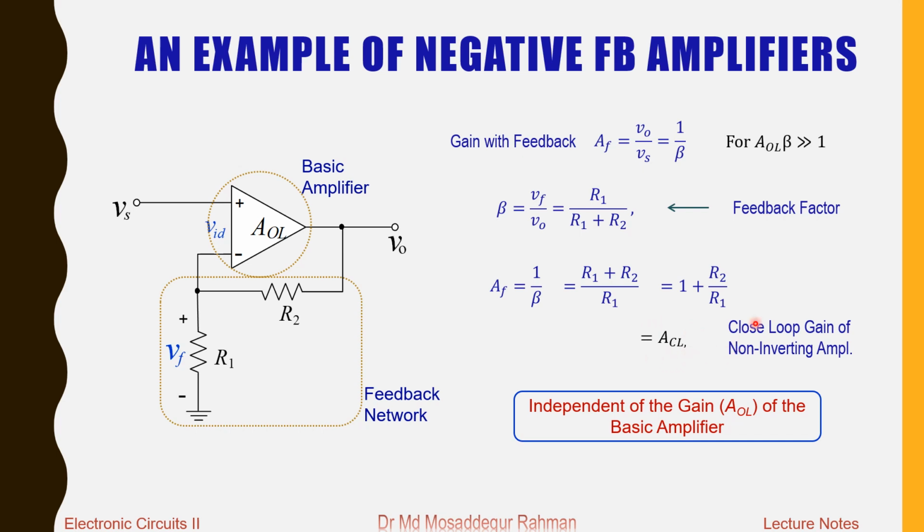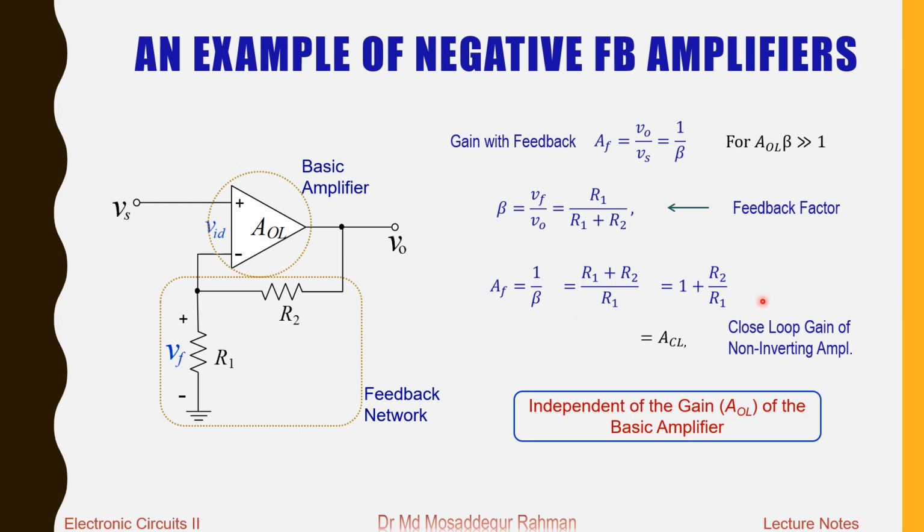See that we have applied a completely different approach using the theory of feedback amplifiers, and we came at exactly the same expression for the gain of this non-inverting amplifier.